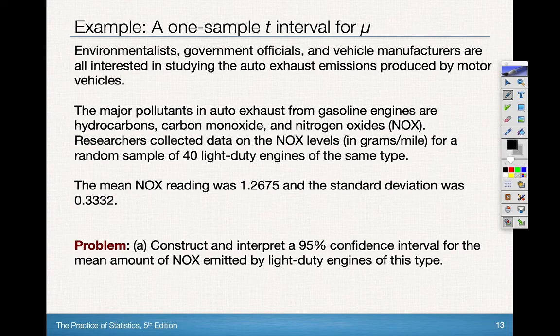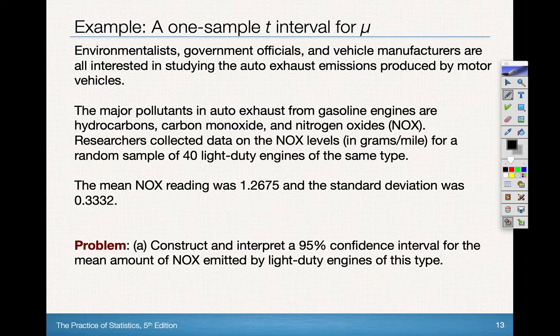Researchers collected data on the nitrous oxide levels for a random sample of 40, sample size 40, light-duty engines of the same sample. The mean nitrous oxide reading was 1.2675, so that is our sample mean. And the sample standard deviation was 0.3332. Here we go. Construct and interpret a 95% confidence interval.